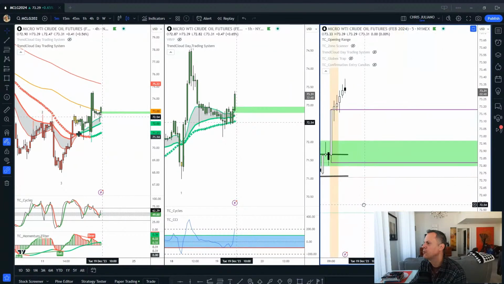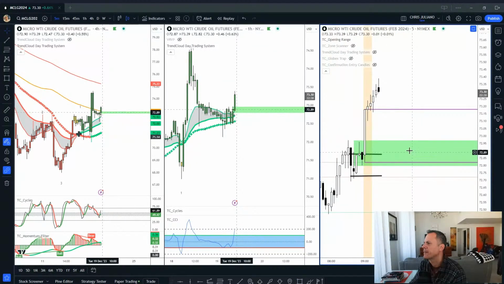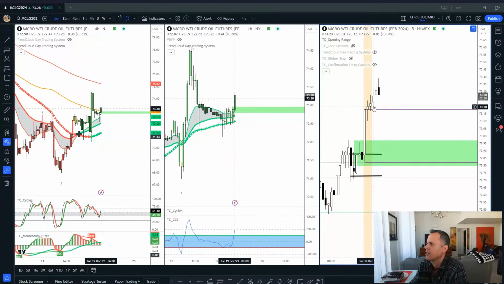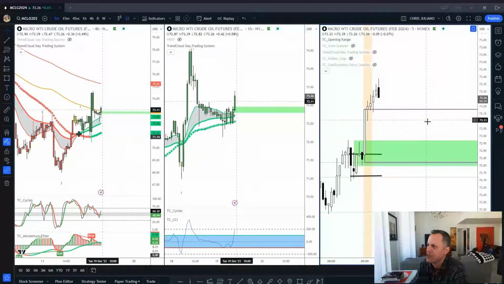Okay, so if we get the pullback, we can get this pullback pretty deep into here. This is just a rally, and a rally. Rally, this is a basing candle. This may pull back kind of shallow.